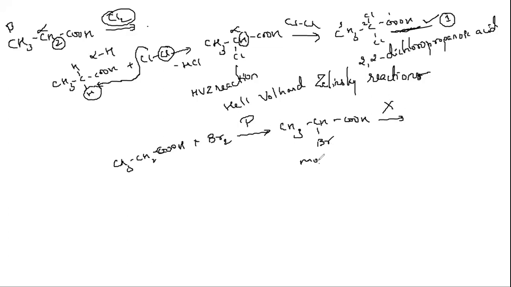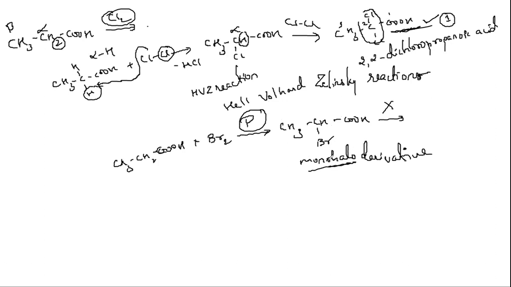So I will get the monohalo derivative as the major product. So what you read in the question is very important, whether they have said in presence of phosphorus or not. If phosphorus isn't mentioned, complete substitution occurs. But if red phosphorus, an allotropic form of phosphorus, is mentioned, you will get the monohalo derivative.